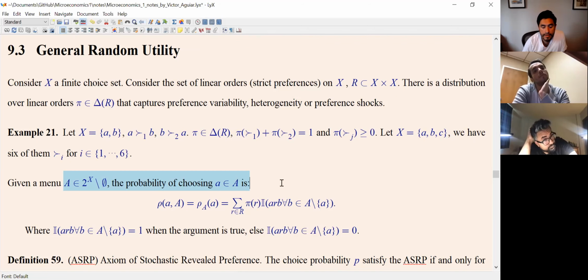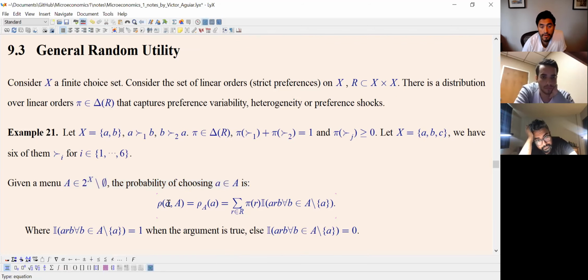And then what is the probability of picking alternative small a in menu capital A, or in this notation, rho sub capital A of a? Well, I define this indicator function, which gives me 1 whenever the argument inside is true. And this tells me that whenever a is better, I'm using this notation here, which is a ranking, the small r.